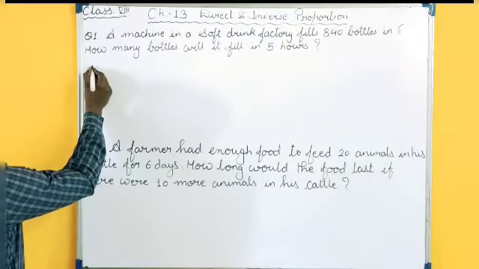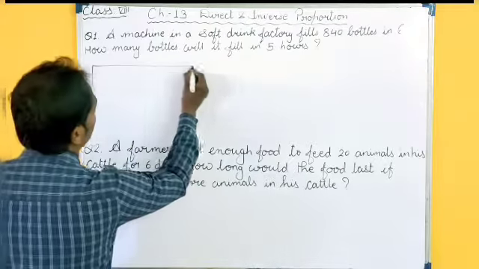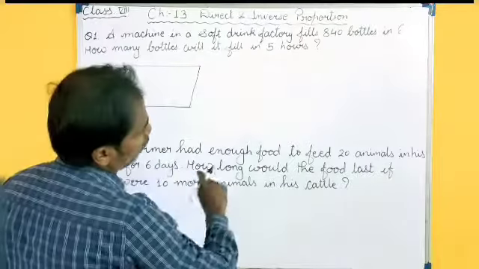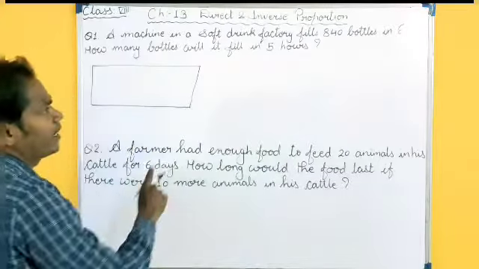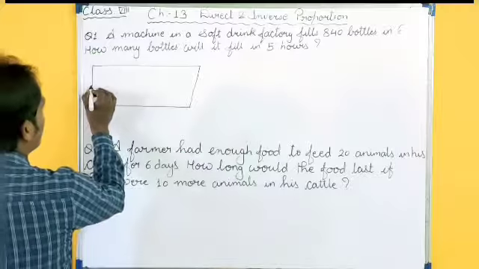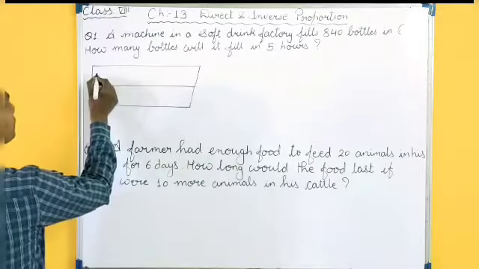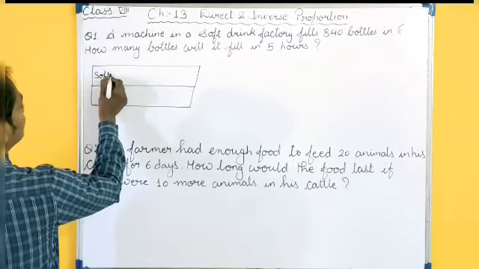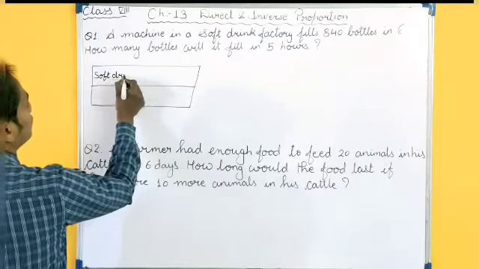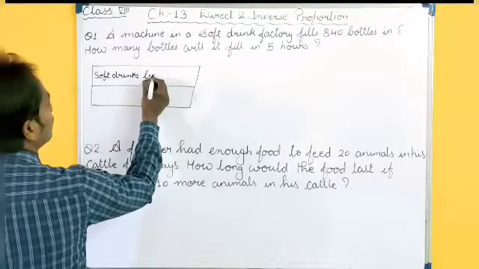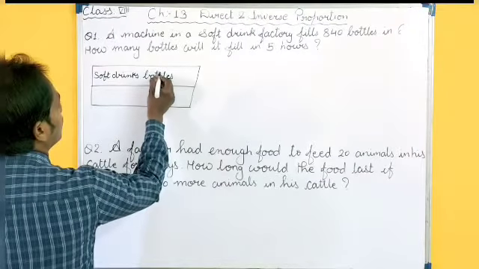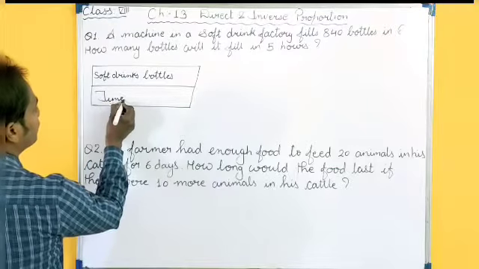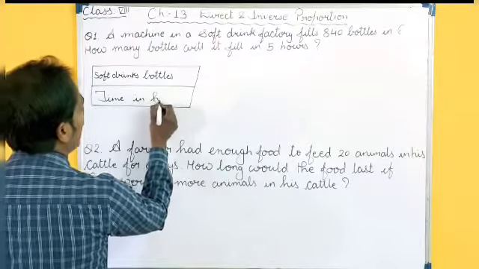Okay, so first of all, make one simple table. This question is talking about bottles and in how many times will it fill. So here I am making two columns. Soft drink bottles and time in hours.